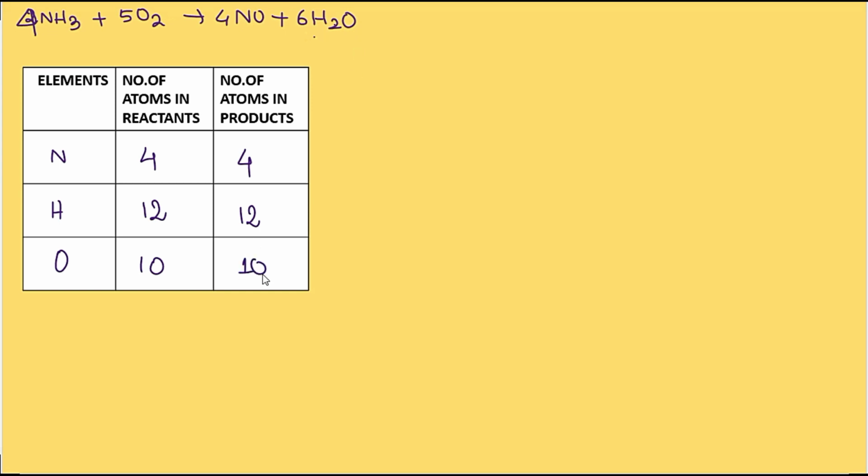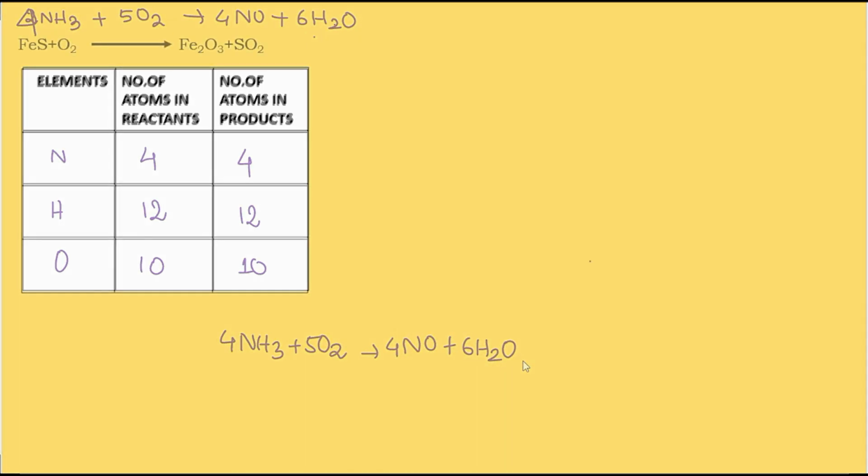So we see here that the equation is completely balanced. So 4NH3 plus 5O2 gives 4NO plus 6H2O is the completely balanced equation.